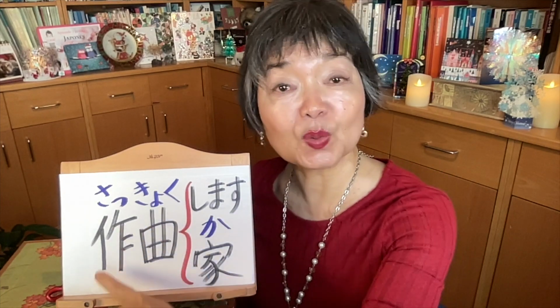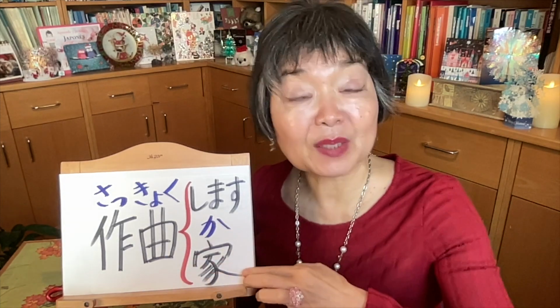To compose music, 作曲します. 曲 means a piece of music. So to make a piece of music means to compose, 作曲します, and the noun composer 作曲家.